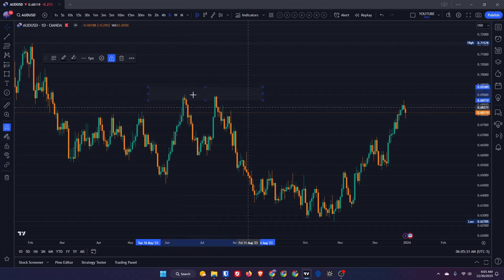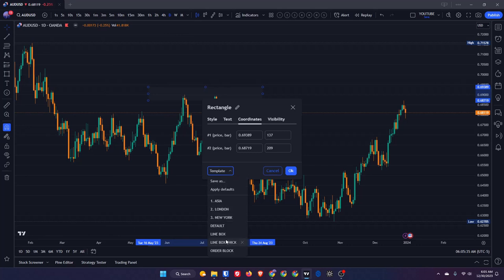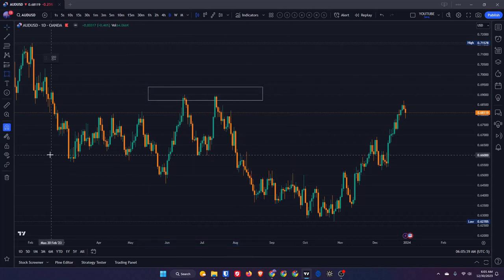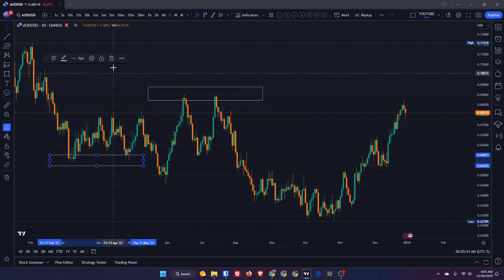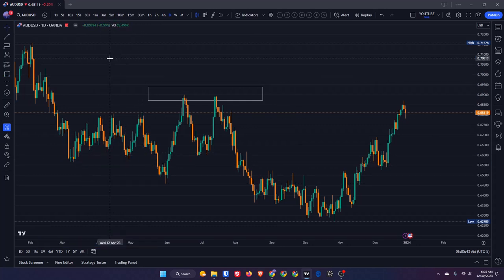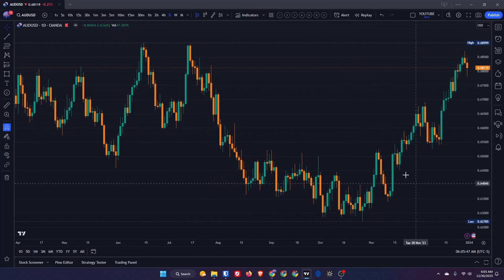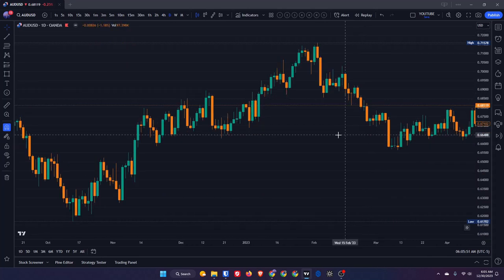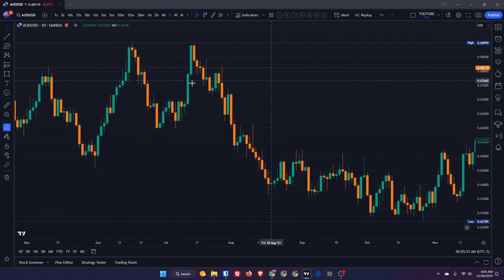So right here we got a resistance level. Actually, let me make it clear. Right here we got a support level. So that's the super basics of how to point out support and resistance. Boom. It doesn't take that long to figure that part out.